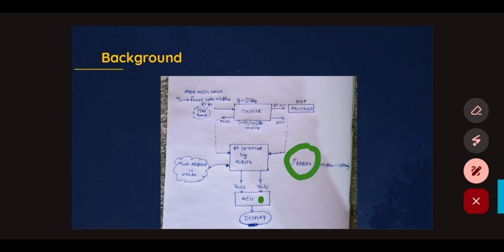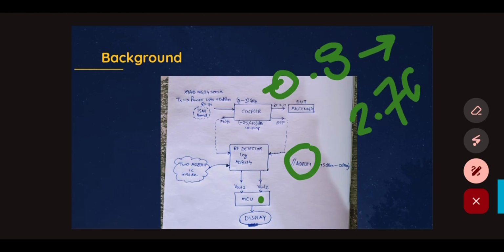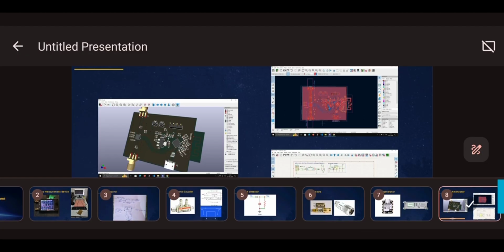So it is not that simple. This IC works for frequencies, I do not remember exactly, in the range of around 0.1 to 2.7 gigahertz. We can imagine another video on this topic.